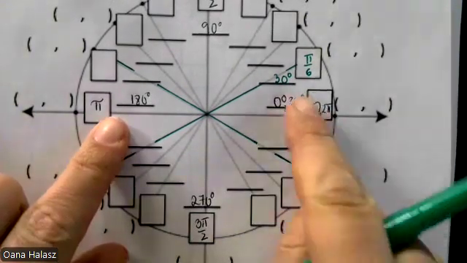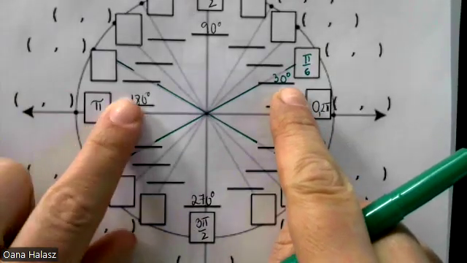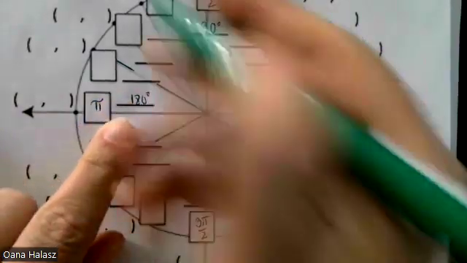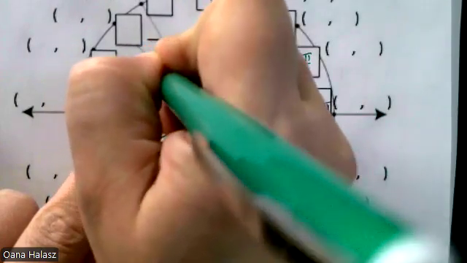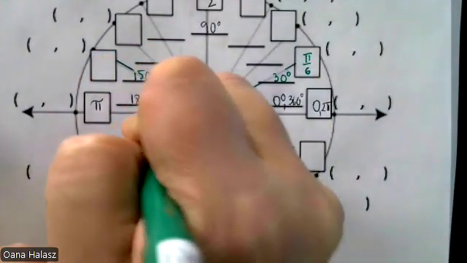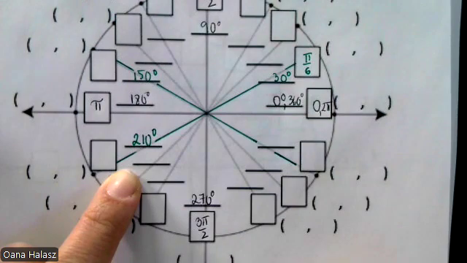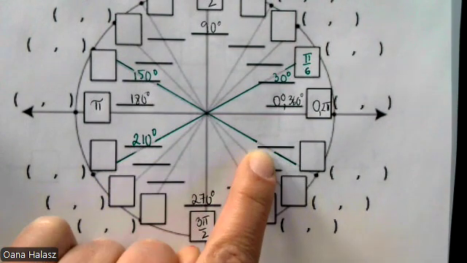Let's do the ones in degrees first: 30 degrees, and then this one will be 150 degrees, and this one is 210 degrees. And quadrant 4 is 330.